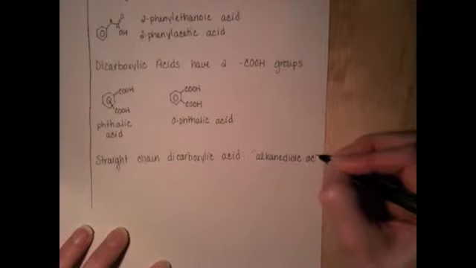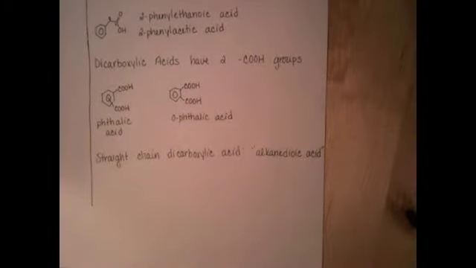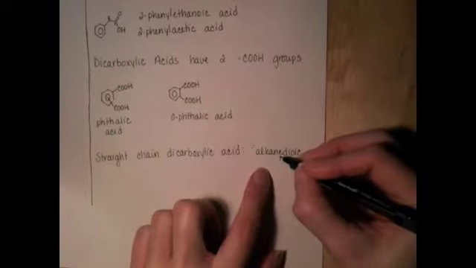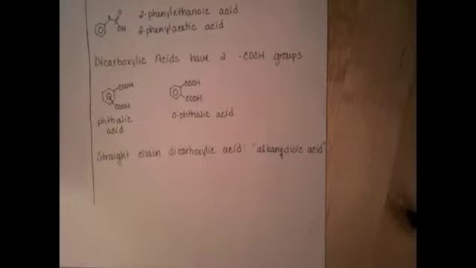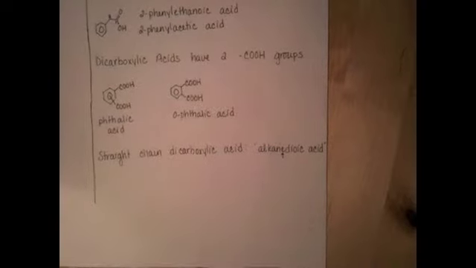Notice that the E is retained. I believe that we retain the E's in the diols as well, so it's not totally unusual, but that E stays put, doesn't get dropped off like in a regular carboxylic acid.